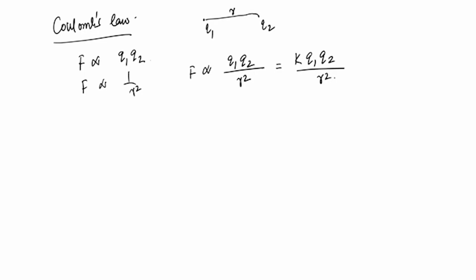This is known to everyone, but what is this k? K is numerically equal to the force, expressed in newtons, if there are two charges of magnitude 1 coulomb each separated by 1 meter of distance. In vacuum, k is 1 over 4 pi epsilon 0, where epsilon 0 is the permittivity of free space.